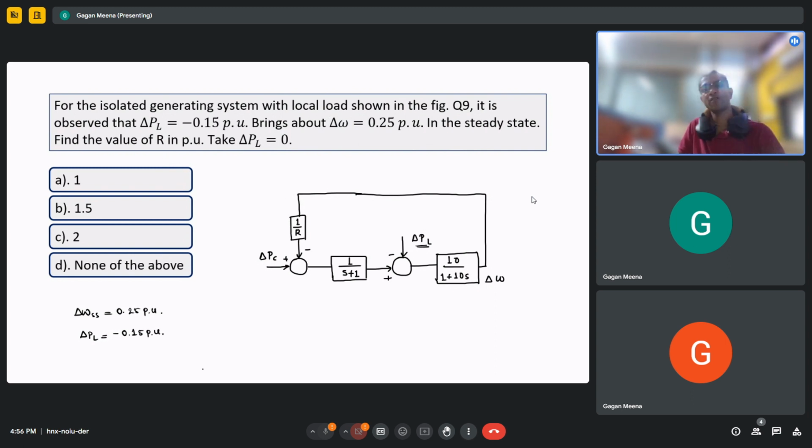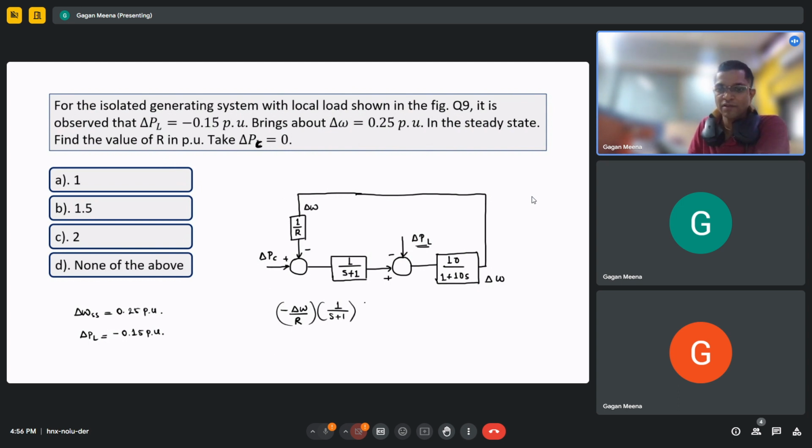So we have to find out the value of R. So take delta, sorry, this is not delta PL, this should be delta PC. So delta PC we are taking here as 0. So we can simply write these equations. So this is delta omega here. This is 0, this is multiplied by minus delta omega by R into 1 by S plus 1.